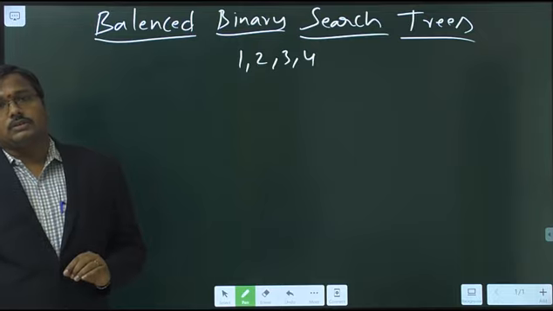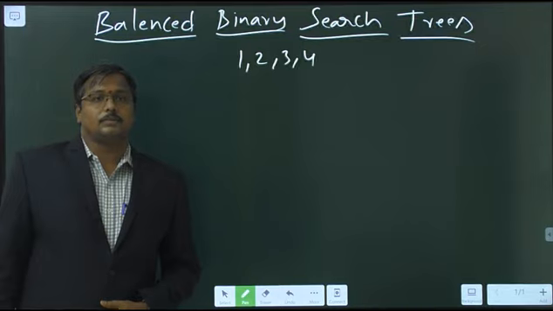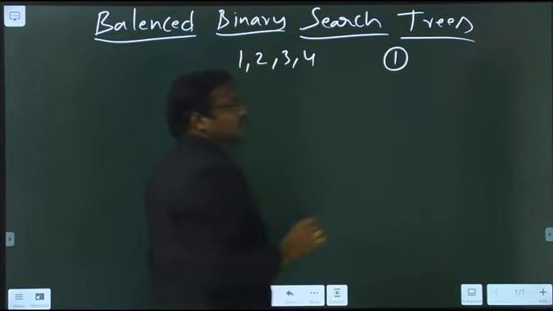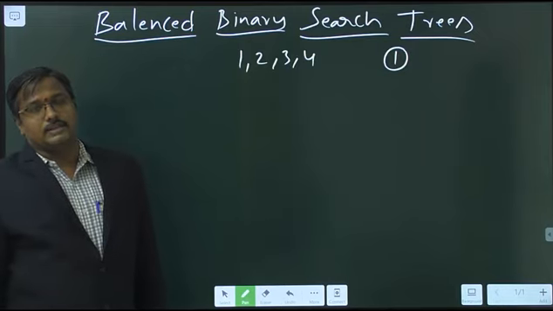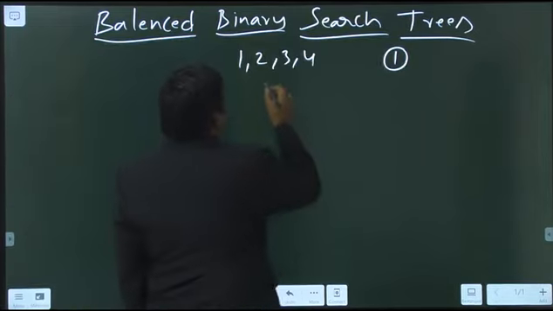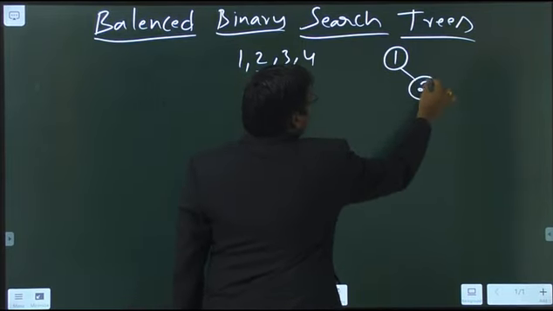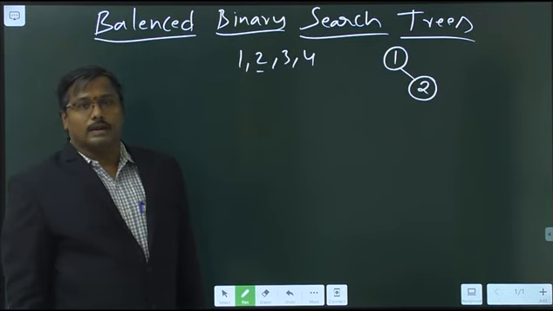Whenever we want to construct a binary search tree for the given set of elements, the first element, 1, is identified as the root node. The next element, 2, is inserted as a right child of 1. Why?